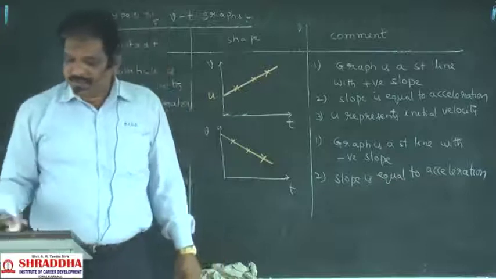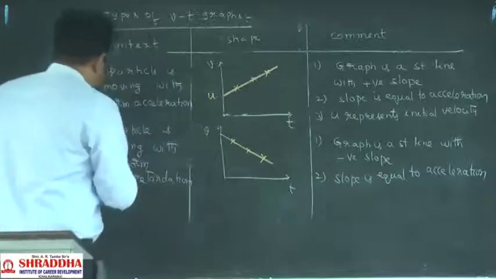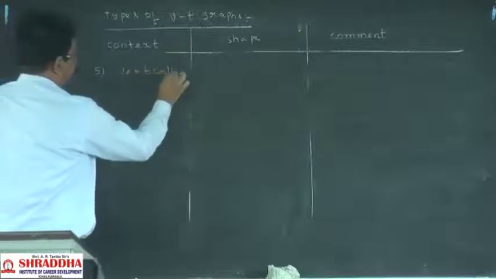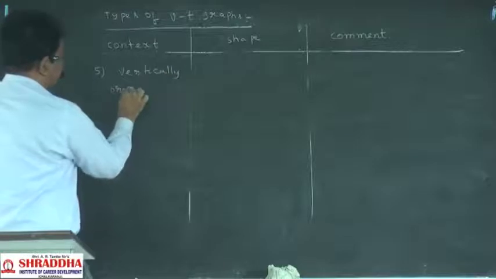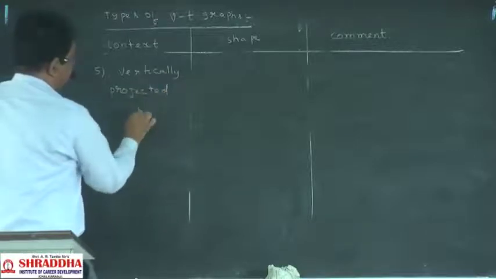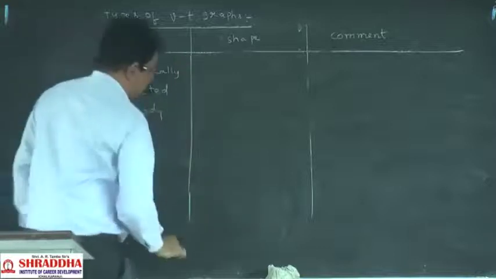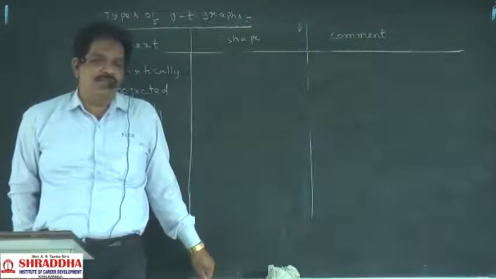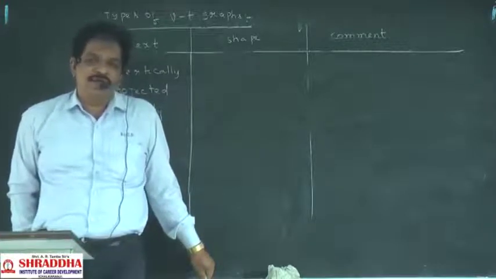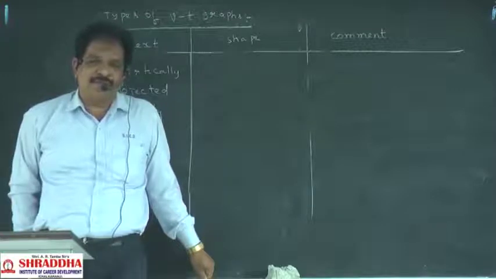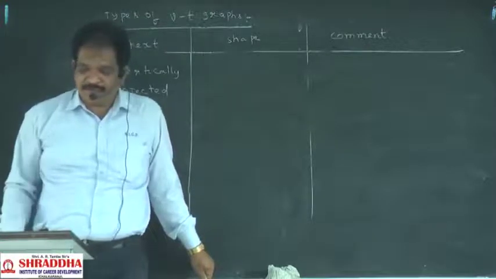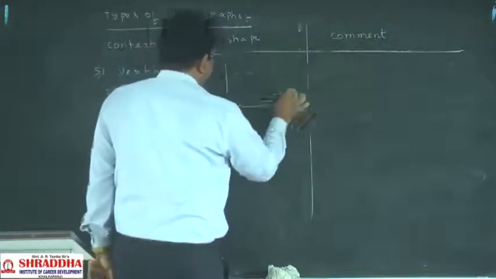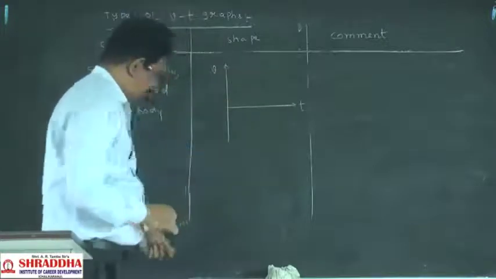Clear? Next, one more thing will be vertically projected body. It was asked in one exam, 2019, what is the shape of the velocity time graph for vertically projected body? So this is time, this is velocity.